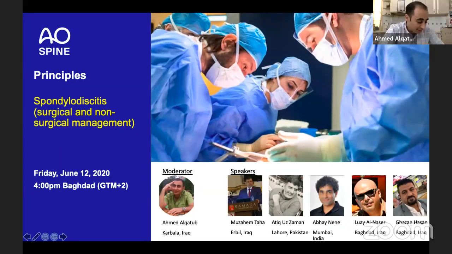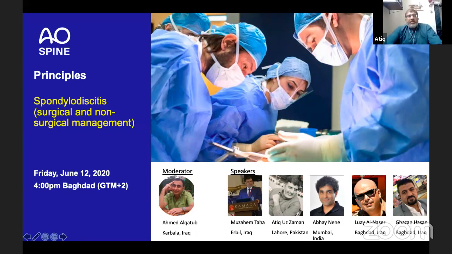I think this question already answered two other questions, because I wanted to ask you which type of cage you always use, the titanium or the PEEK. I think you already mentioned that titanium cage is much better in case of infection. And I want to ask you about biofilm implants.